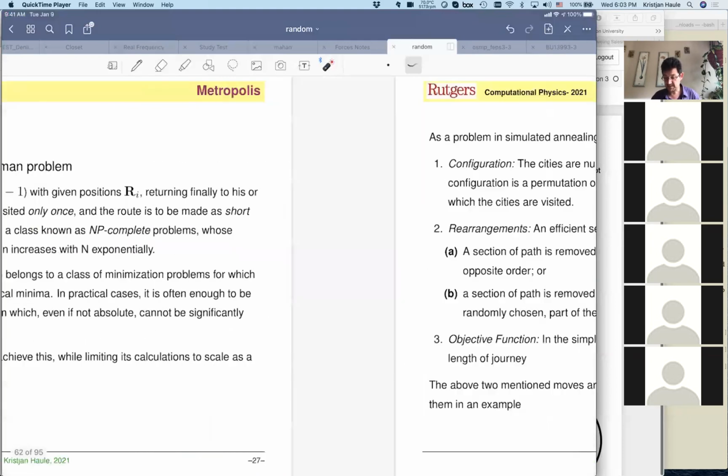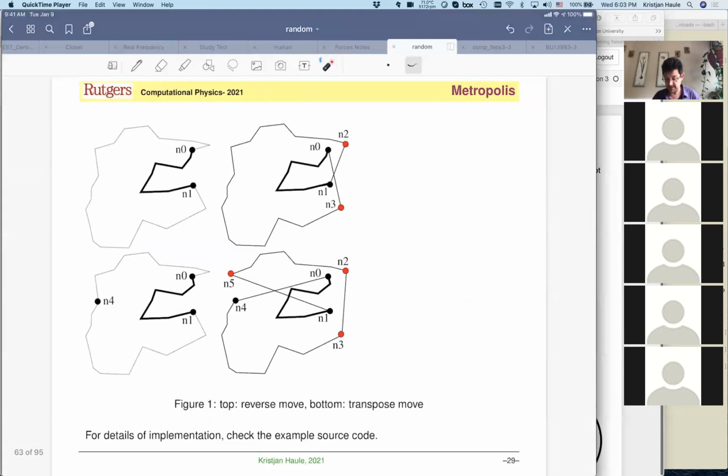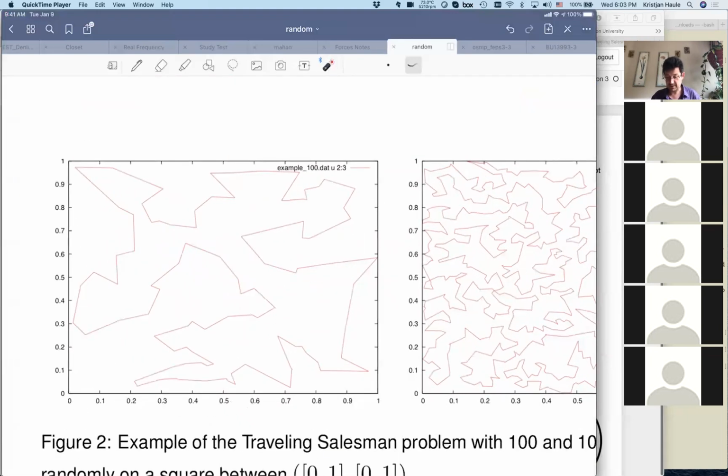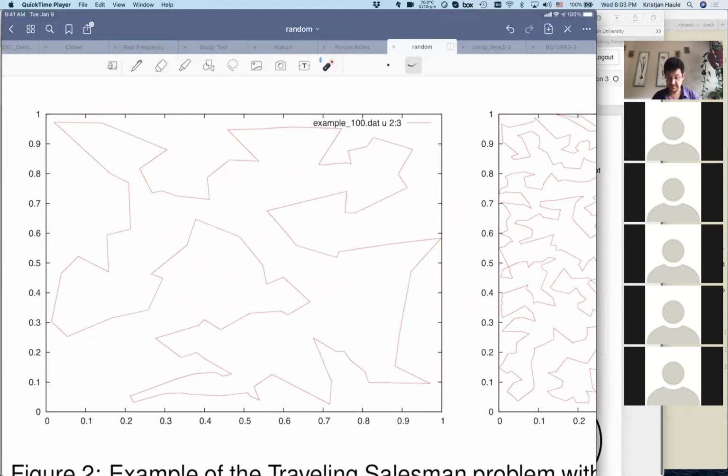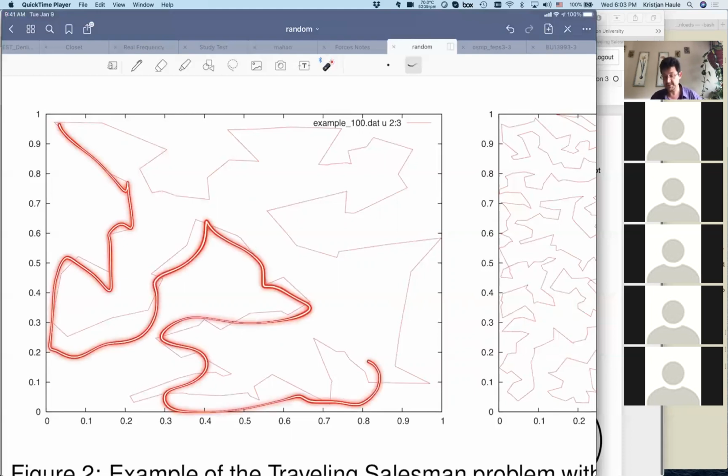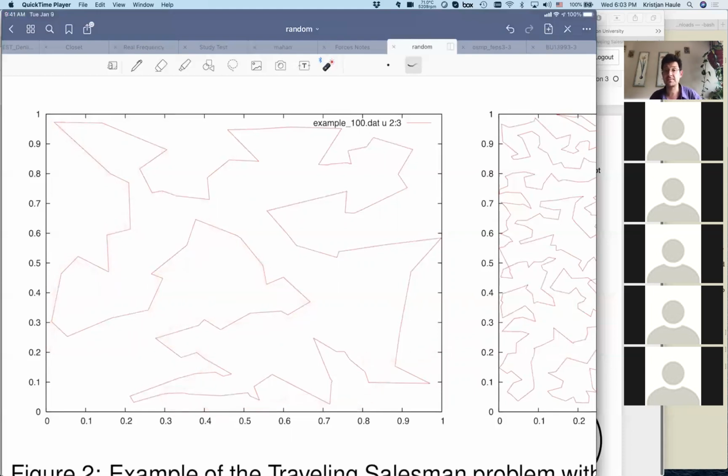Okay, so the traveling salesman problem, which I discussed here, is like this. If you have 100 cities, there is one city here, one city here, one city here, and so on, and you can see that the path the computer chose after lots of minimization looks like a pretty good path, doesn't it? There is no crossing.